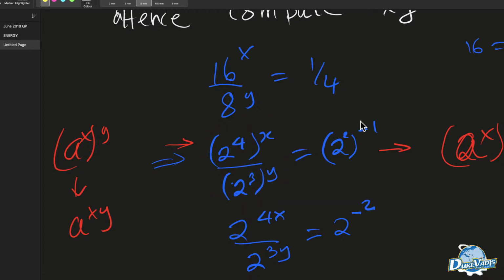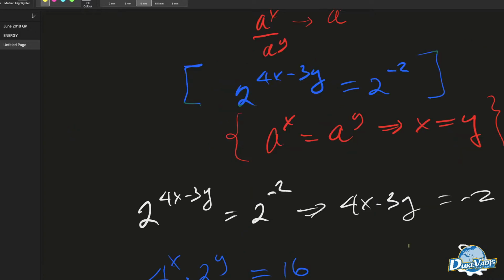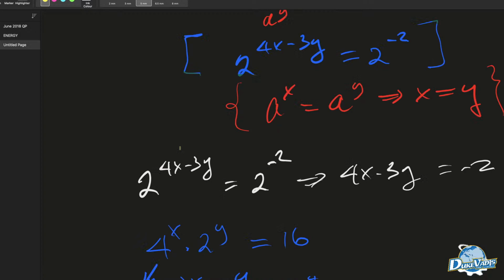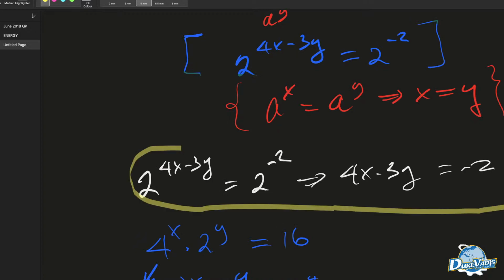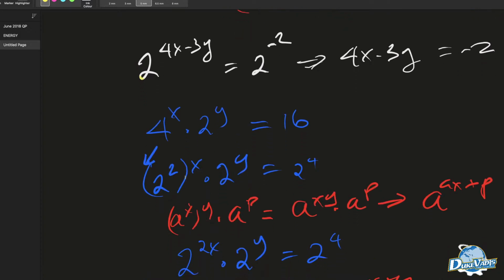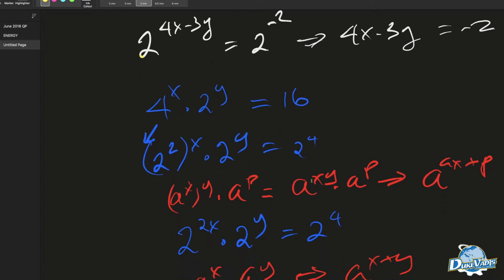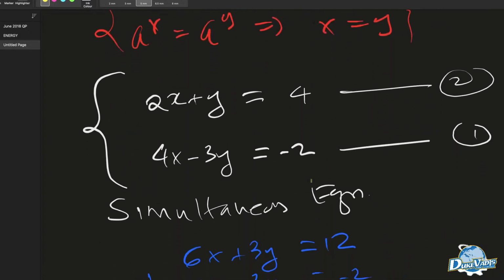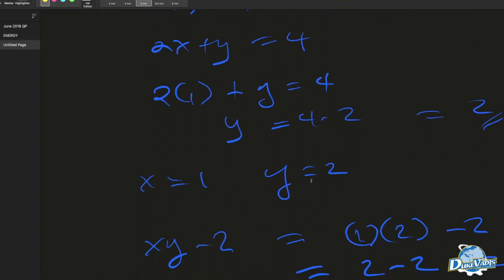Here we have 2 raised to the power 2, and this whole set became the first equation, which is awesome, right? Then after that, I have 4 raised to the power x times 2 raised to the power y equals 16. When I expand that, it gives me 2 raised to the power 2x, and we solve the equation.